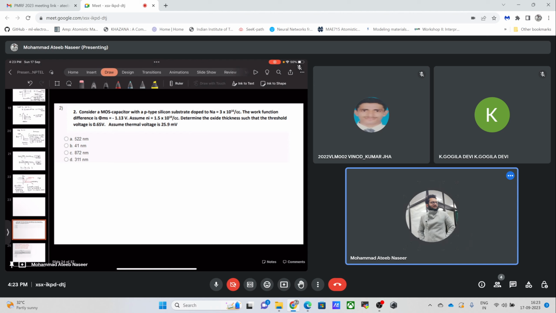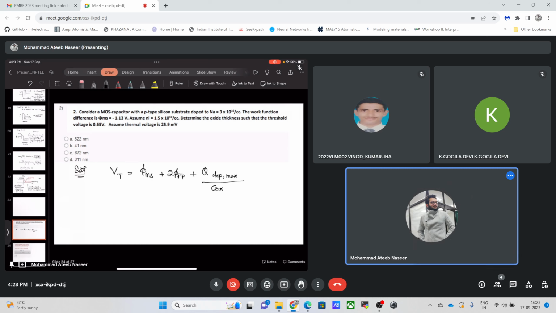You must have gone through this in the lecture. We have to find the threshold voltage, which is given by phi ms plus 2 phi fp, where phi fp is the Fermi potential, plus q times the maximum depletion charge divided by C ox.